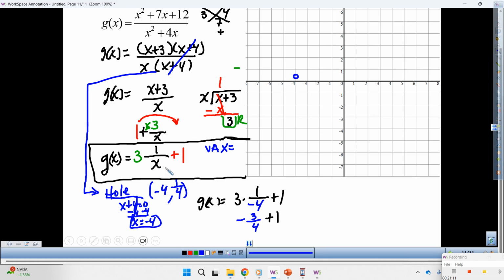Therefore, the VA is what? 0. What is our HA? HA is what, everyone? 1. That is correct. All right, so let's get our asymptotes there. X, 0. And f of x, 1.